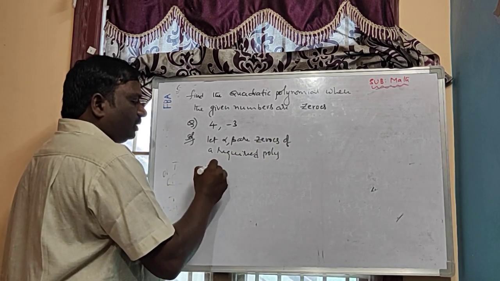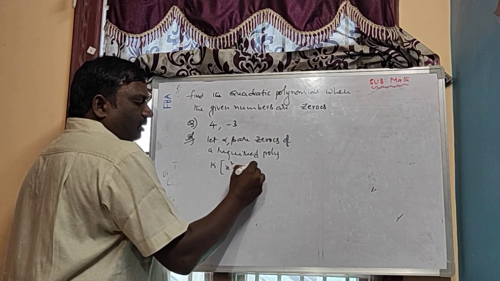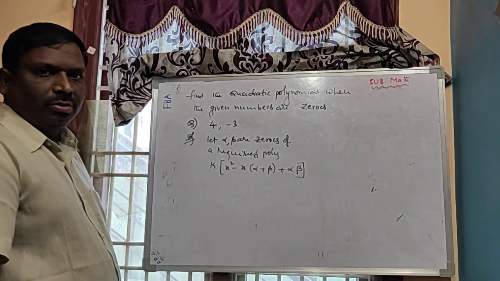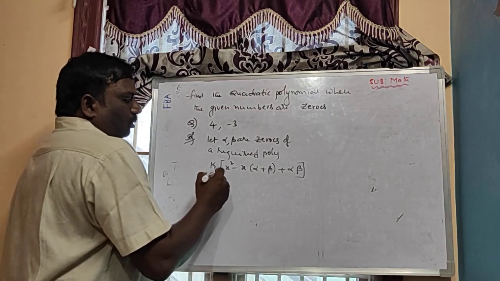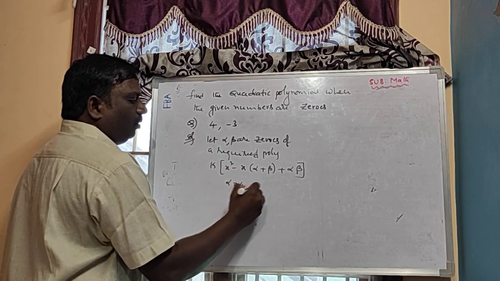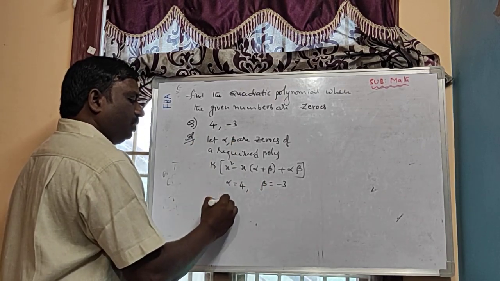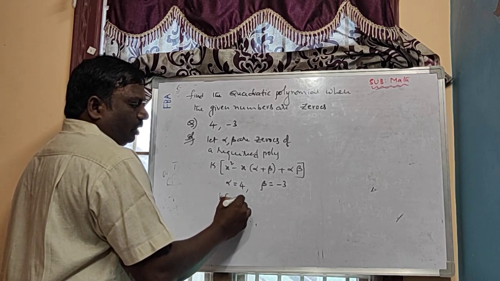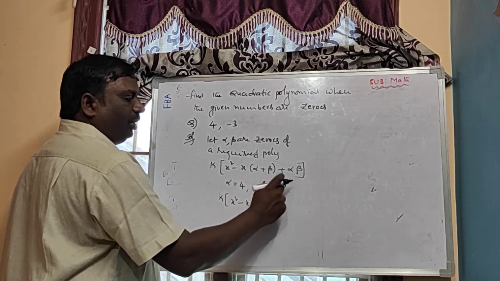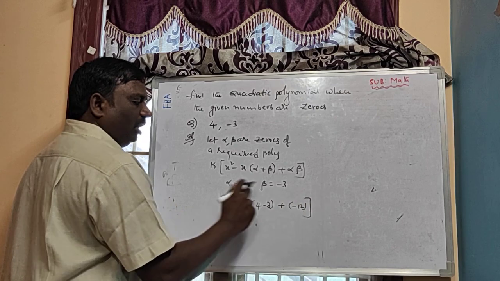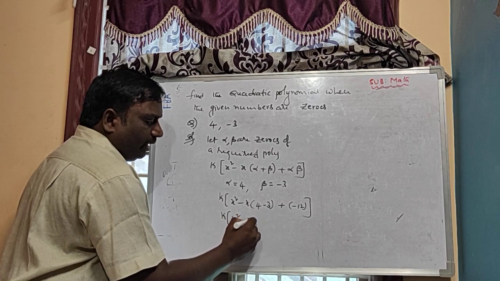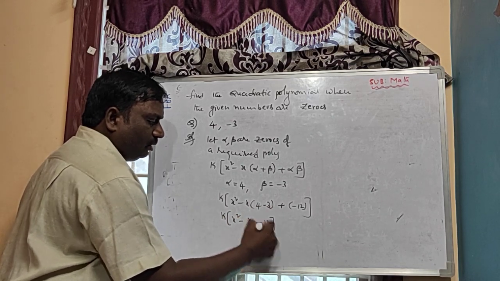Then the required polynomial is k into x square minus x into alpha plus beta plus alpha into beta. They gave alpha equal to 4 and beta equal to minus 3. Then substitute: k into x square minus x into the sum of the zeros, 4 plus minus 3, that is 1, plus 4 into minus 3, that is minus 12.